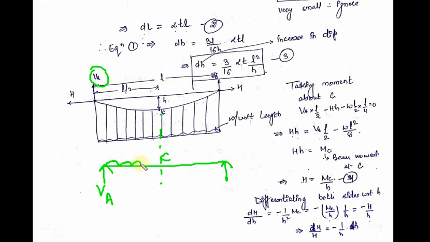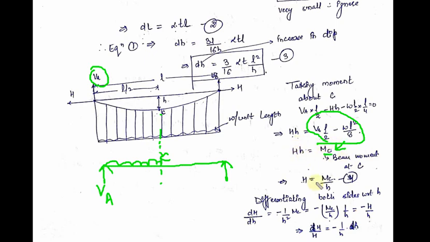If I apply VA and UDL on the same straight beam, I will get this equation of MC. So I can write this term as MC, where MC is the beam moment. Beam moment means if I apply the same loading on a straight beam, the bending moment in that beam is the beam moment.